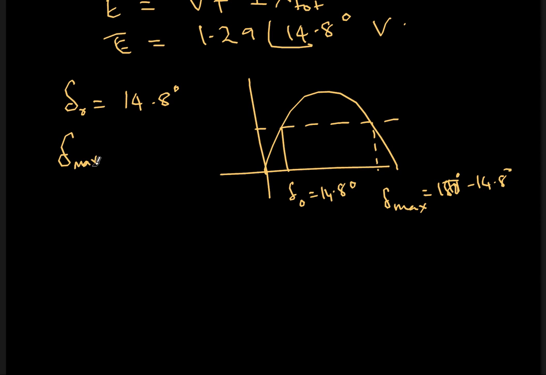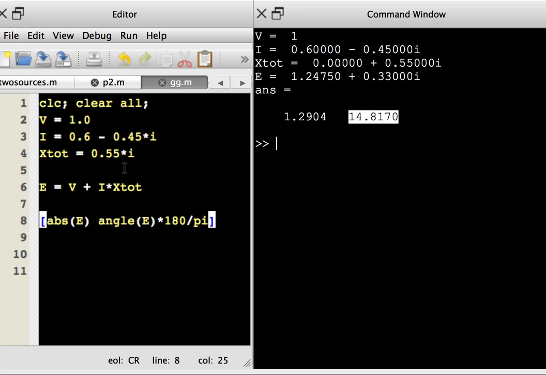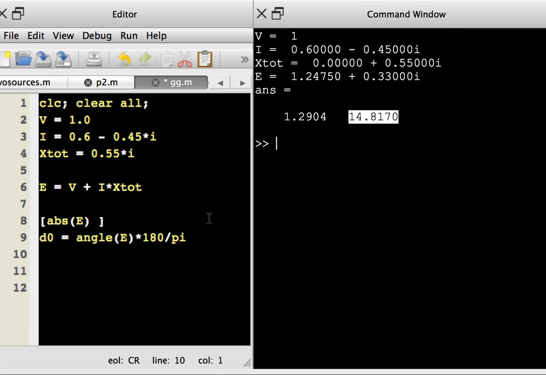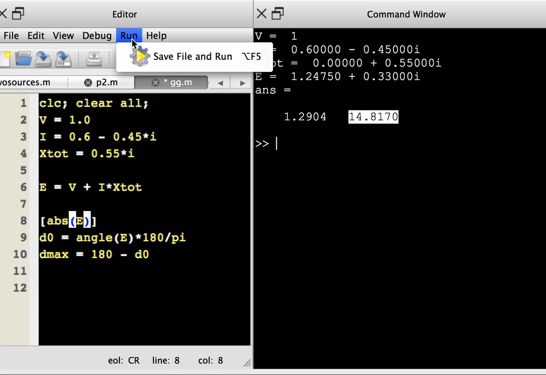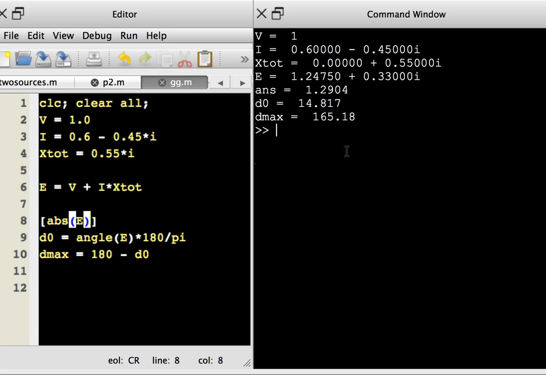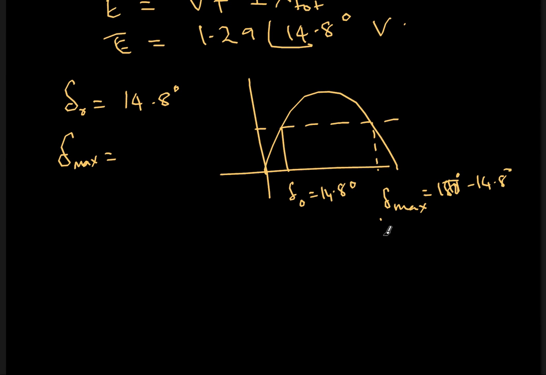I'll just store this: d naught equal to this, d max equal to 180 minus d naught. Here I can see 165.18 degrees is the delta max.